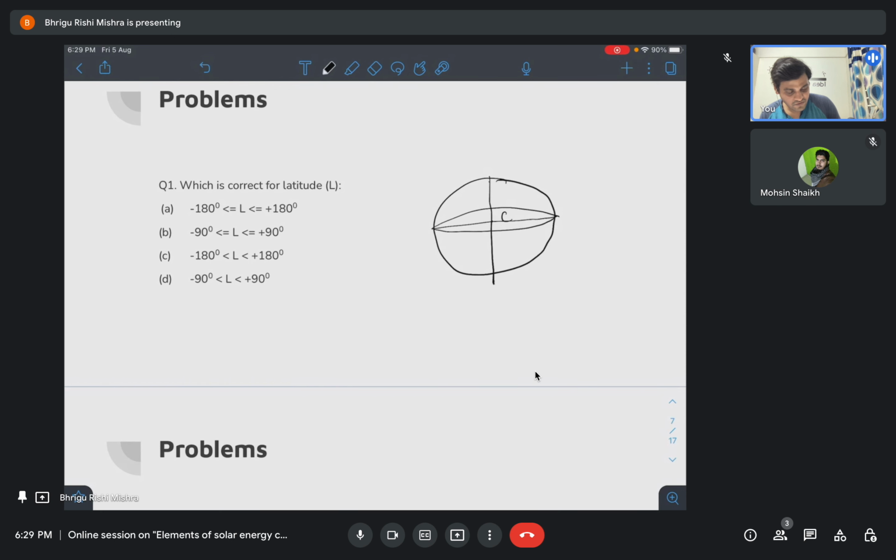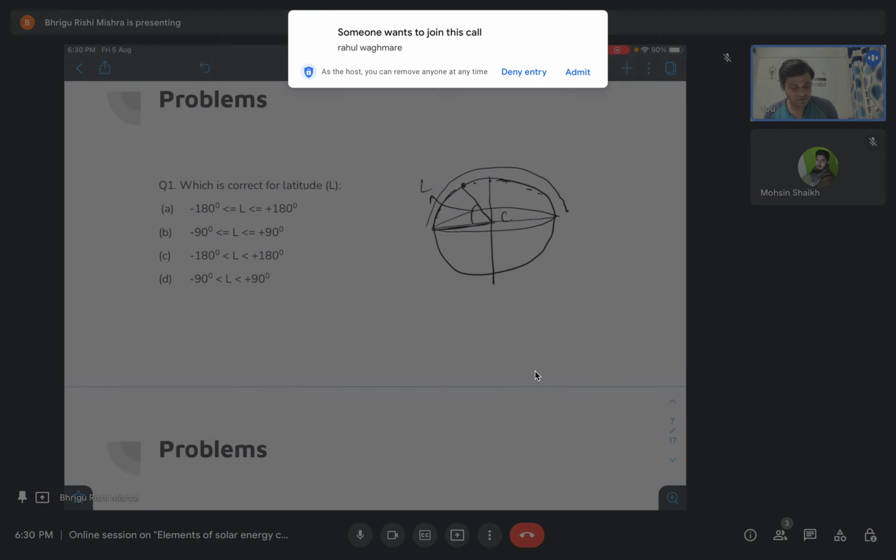This is the center of Earth, this is the plane, this is the observer position, and this angle is denoted as latitude. Imagine there are a lot of points here. It can go from this to this, and the same way from the bottom side also.